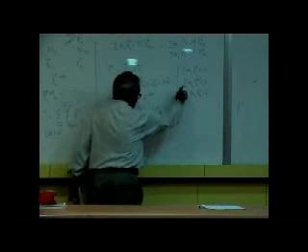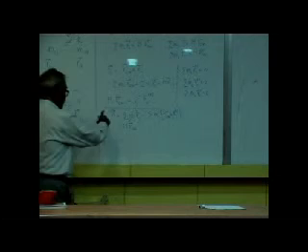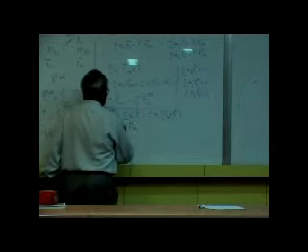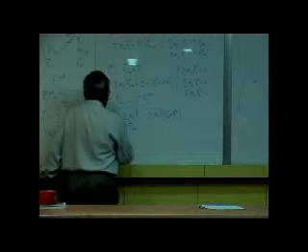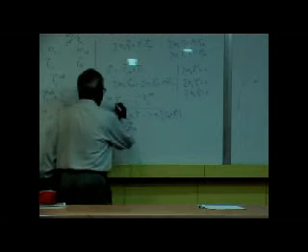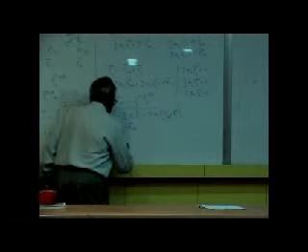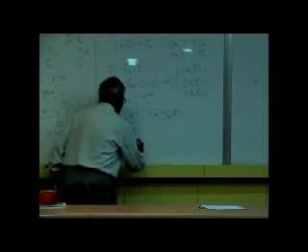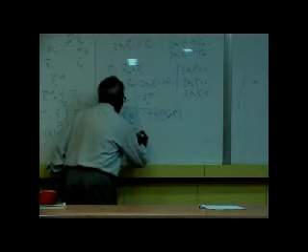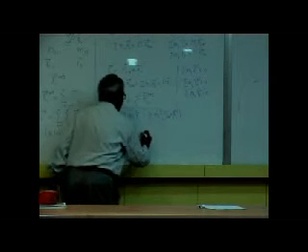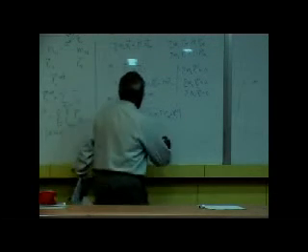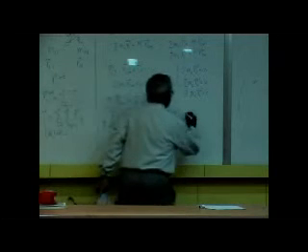But summation m_i r_i prime dot is 0, so this term is 0, and I have only this expression. This expression is nothing but the momentum of the center of mass. So the total momentum can always be thought of as the momentum of the center of mass. And this equation can be written as dP/dt, where P is the total momentum of the system, equal to summation over i of all the forces acting. So much for momentum.